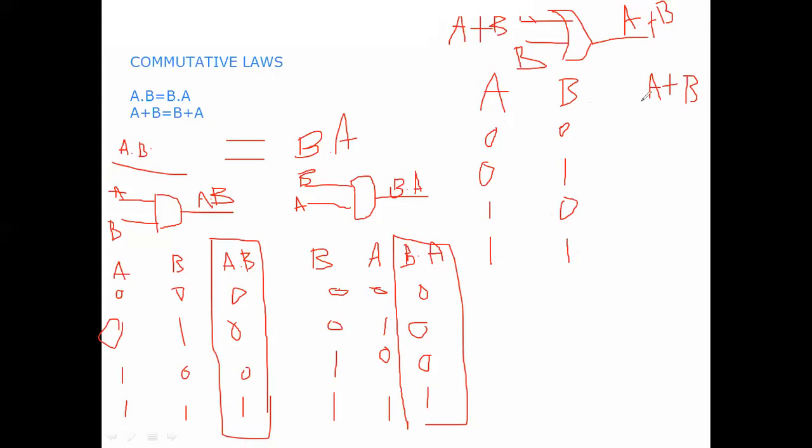What is the output? 0 plus 0 is 0, 0 plus 1 is 1, 1 plus 0 is 1, 1 plus 1 is 1.